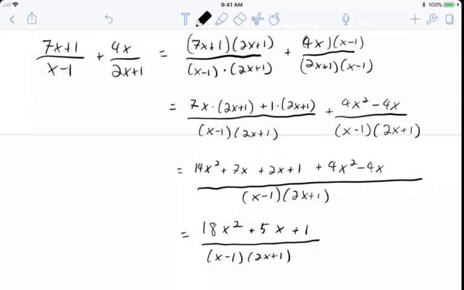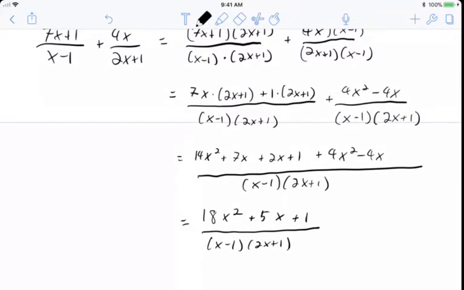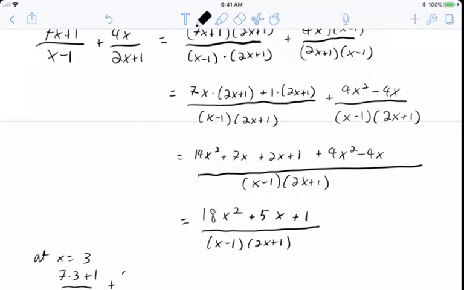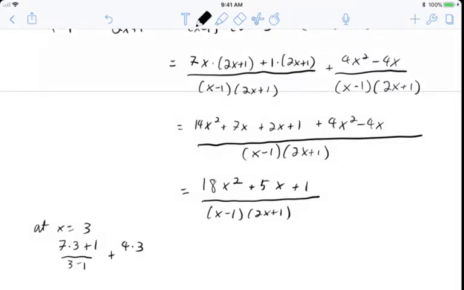Alright, so let's try it at a certain value, x equal to 3. So it's 7 times 3 plus 1 divided by 3 minus 1, plus 4 times 3 over 2 times 3 plus 1.